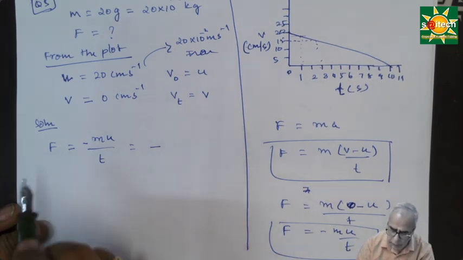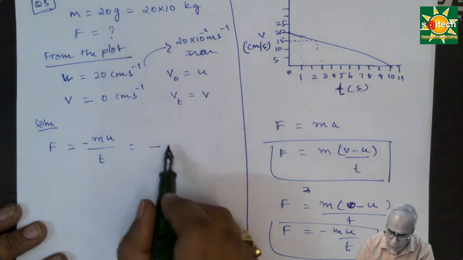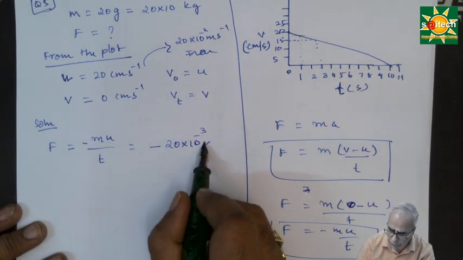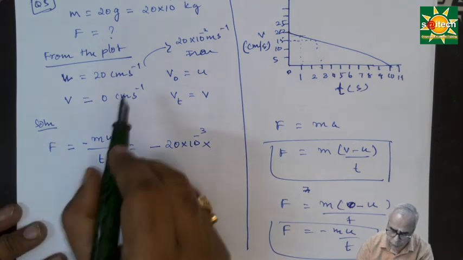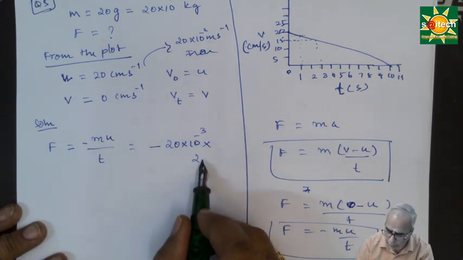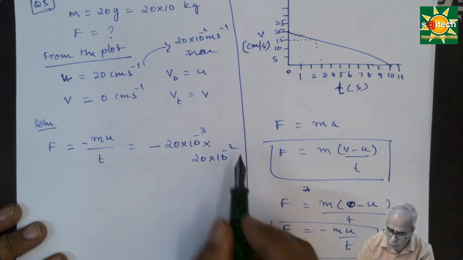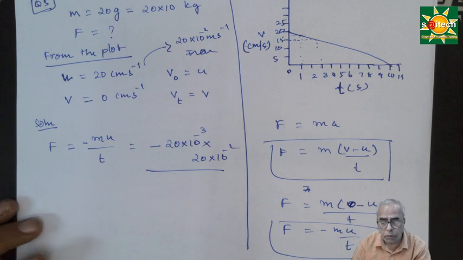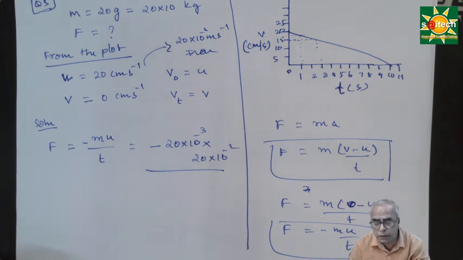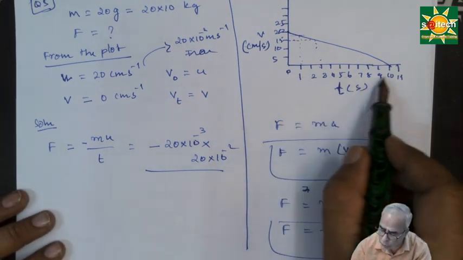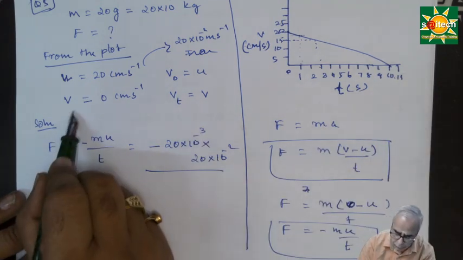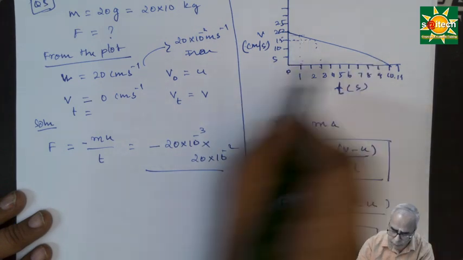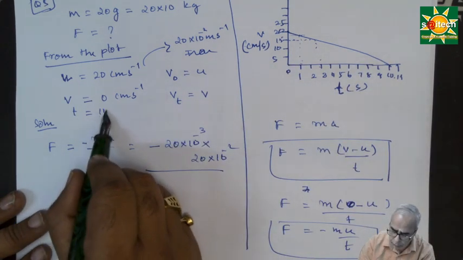Therefore minus, what is m? m is 20 into 10 power minus 3 kg, into u, which is 20 into 10 power minus 2 meter per second, whole divided by the time taken. The time taken is 1, 2, 3, 4, 5 up to 10 seconds. So we can interpret this graph and state t is equal to 10 seconds.